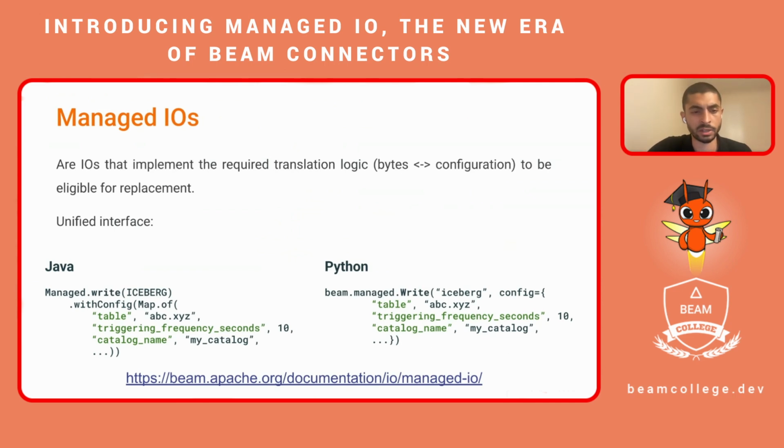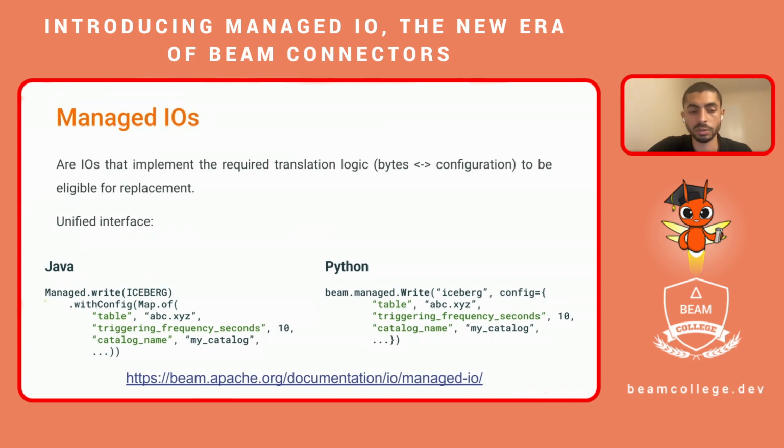So like I said, these are IOs that can provide this logic that translates between the bytes and the configuration. One added benefit too is it has a unified interface between different IOs and between Java and Python.